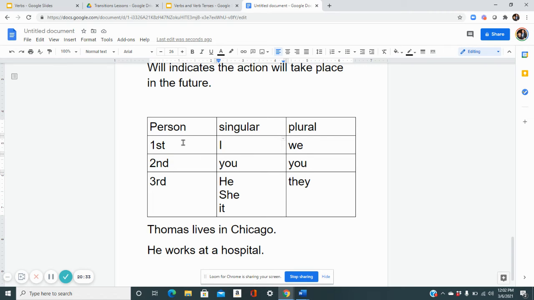Okay, and what this means is the first person is the person who is doing the speaking. So I am talking to a group of students, or a person who is listening to this recording. So I am the first person. The person doing the speaking is the first person.